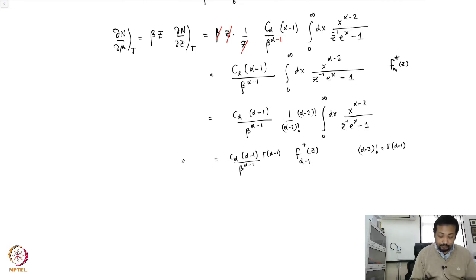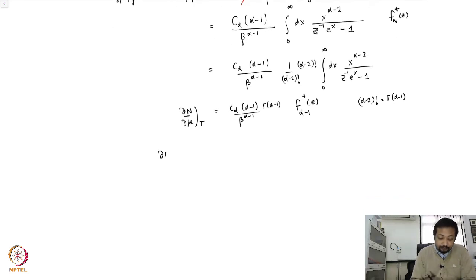Now I need to evaluate this, so this is the derivative. Let's write down del n del mu, T held constant. This is the derivative that I'm going to use, but I'm going to evaluate it very close to Tc. So what I require is del n del mu, T equal to Tc plus, extremely close to Tc.